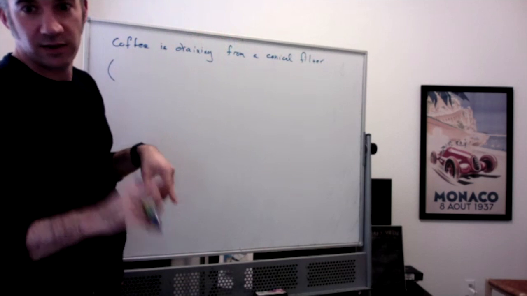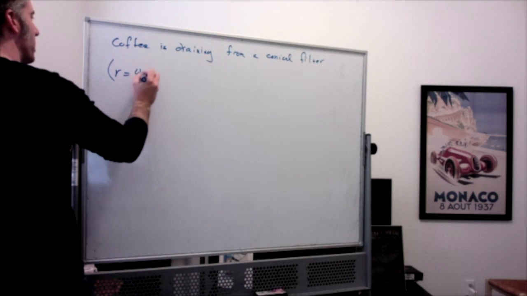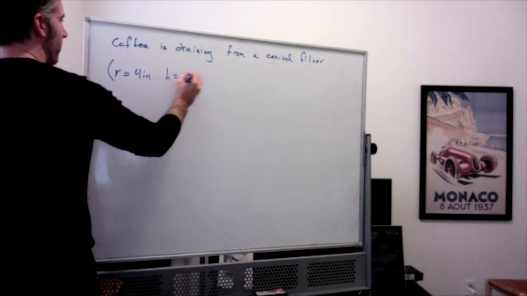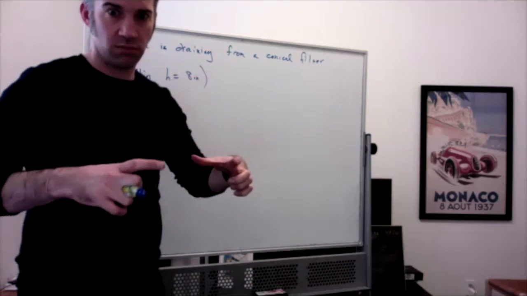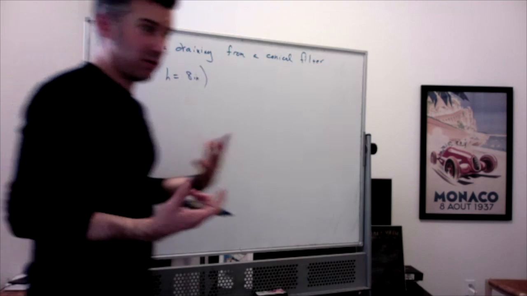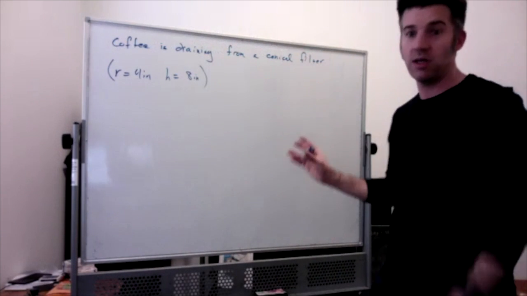All right. So coffee is draining from a conical filter. This filter has a radius of 4 inches and a height of 8 inches. It's kind of big, but I've seen bigger. There are some pretty big industrial-sized coffee makers with giant filters.